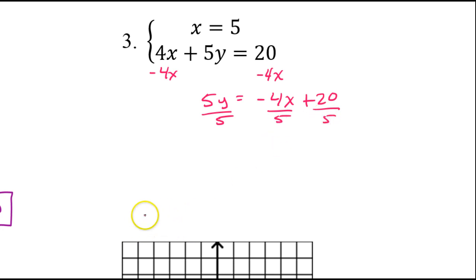So in the end, I'm going to have y equals -4/5 x plus 4. 20 divided by 5 is 4. So that's the second equation. Meanwhile, the first equation was x equals 5.